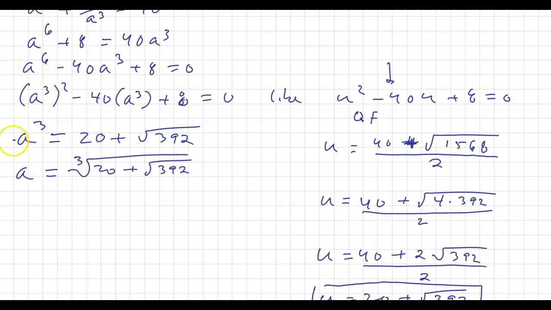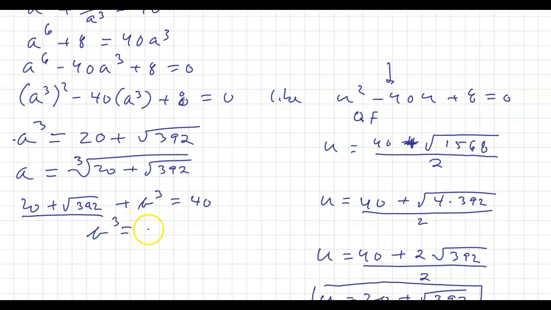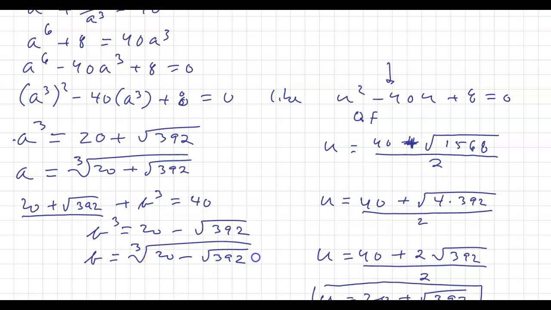So I'll take this a cubed, 20 plus root 392, plus b cubed equals 40. And then when you subtract 20 and radical 392 from both sides, you get b cubed equals 20 minus the square root of 392, which makes b equal to the cube root of 20 minus the square root of 392.